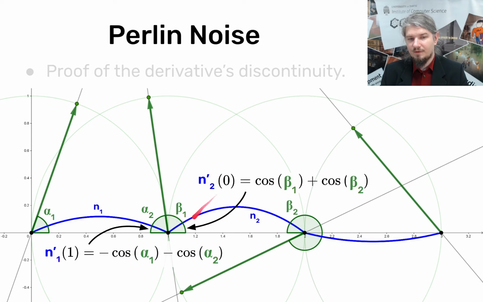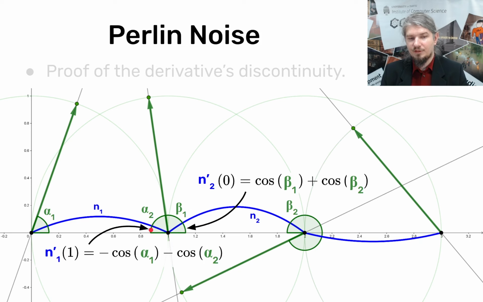So the derivative for this segment of noise at the beginning is going to be cosine beta 1 plus cosine beta 2. Generally speaking, these two will not be equal. You can of course create angles such that they will be equal, but if they're random gradients, they're not going to be. And that's why we see this corner here, because the derivative is going to be discontinuous.